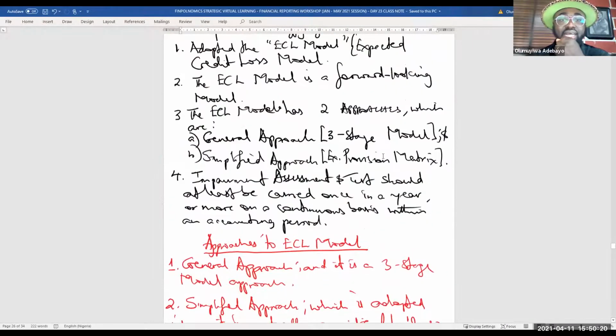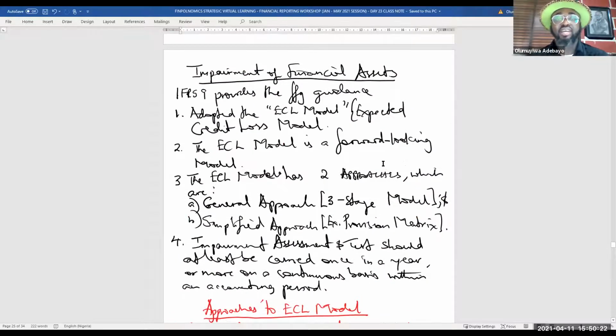We started by identifying the key attributes of IFRS 9 impairment. We said first is the adoption of the ECL model, the expected credit loss model, and that the model is forward-looking.